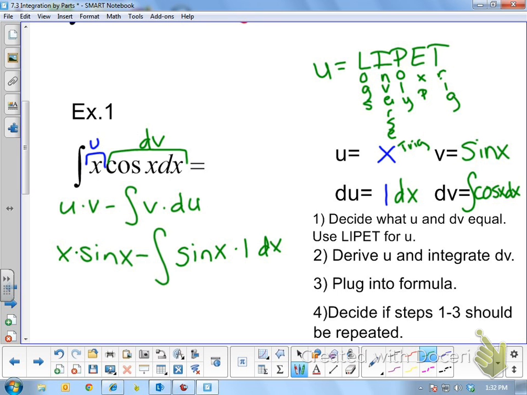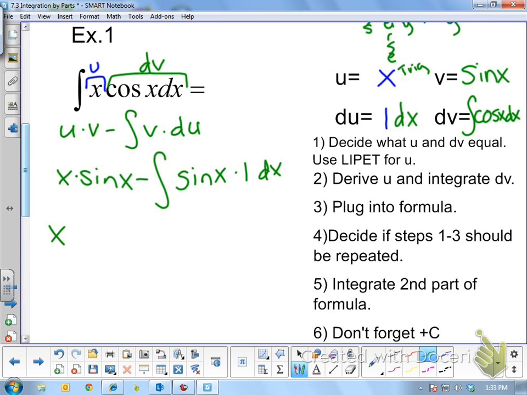So this original one had a product including two variables. We had two sets of x's. We had x in front times cosine x. That was a problem. We don't know how to integrate that until we got this formula. This one only includes one x that we have to work with. So we can just integrate sine x now.